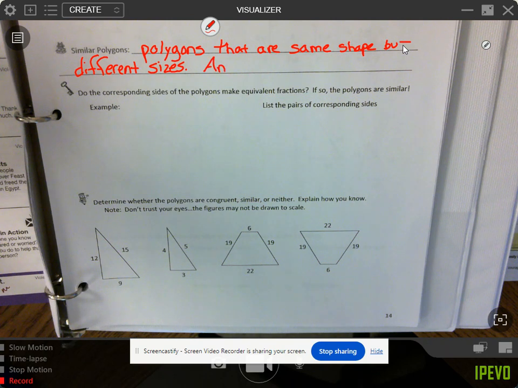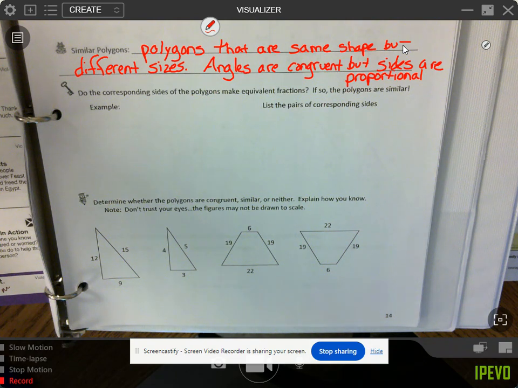Angles are congruent but sides are proportional. So it is getting bigger or smaller at the same rate. So remember, those proportions are like equivalent fractions. You're multiplying or dividing each side by the same number to make it proportionate.